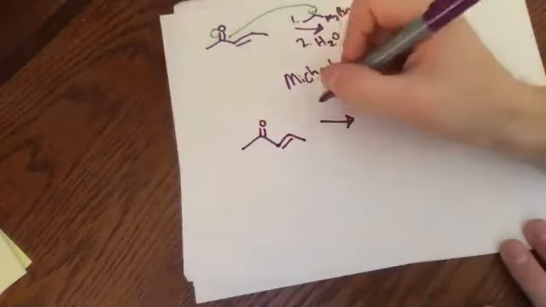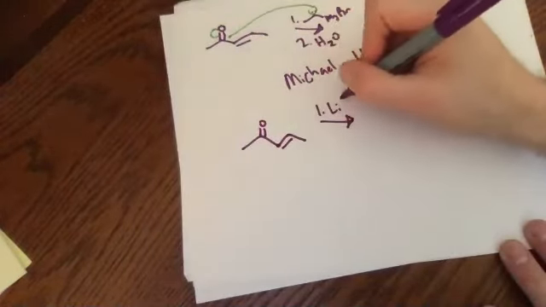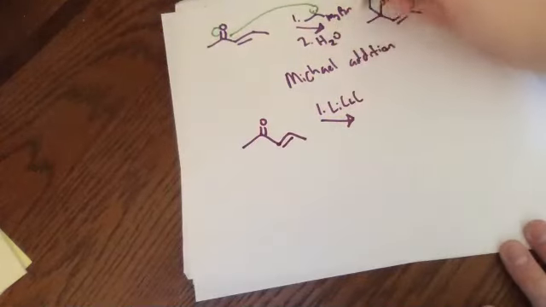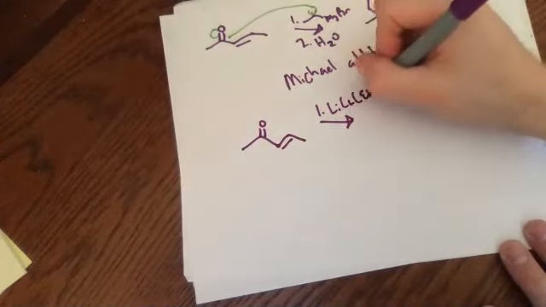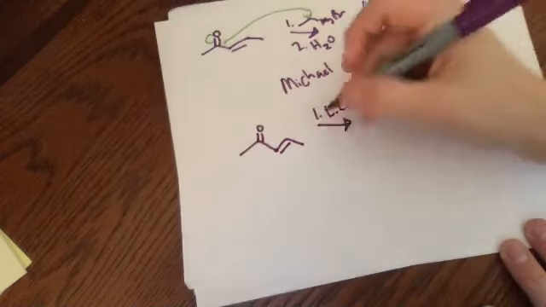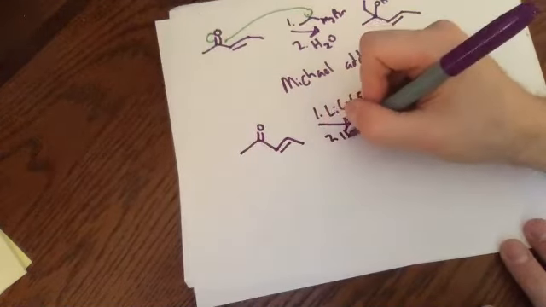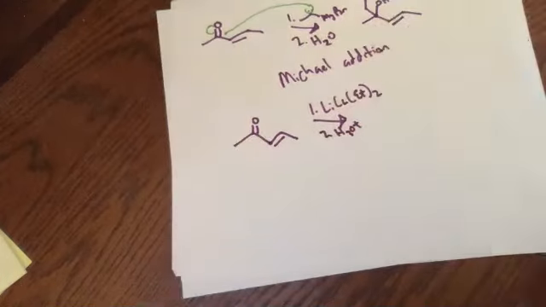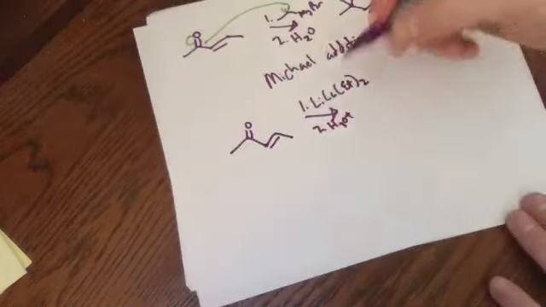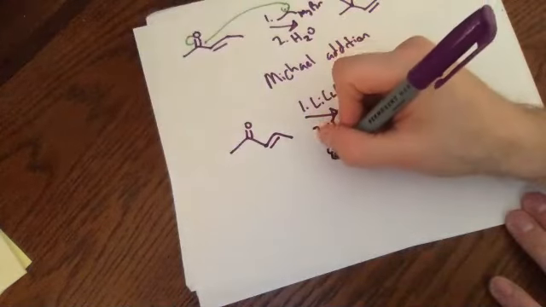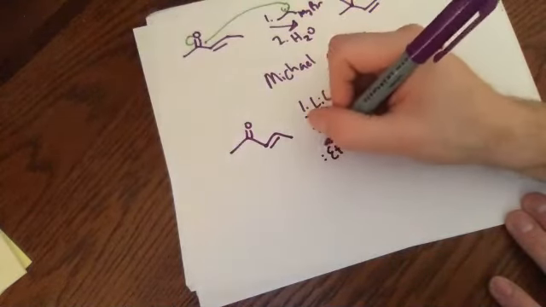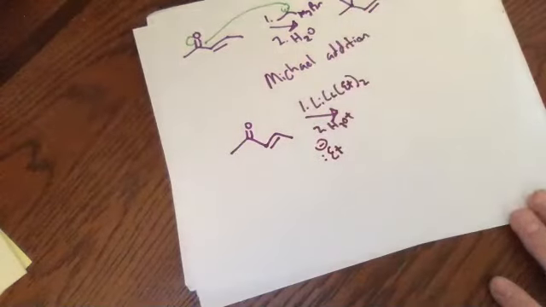So if I add in lithium copper, LiCuEt2, we added ethyl here, followed by H3O+. What I can have happen is this ethyl minus that we created. I'm just going to draw it as an Et. I don't want to draw out the whole complex.